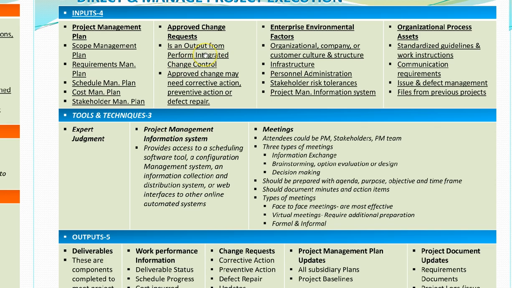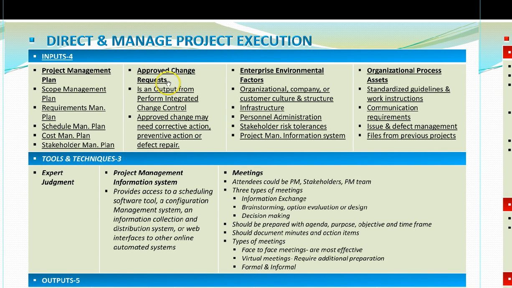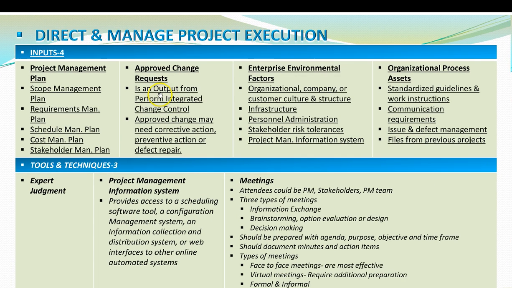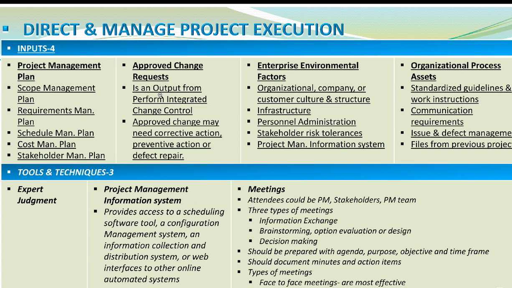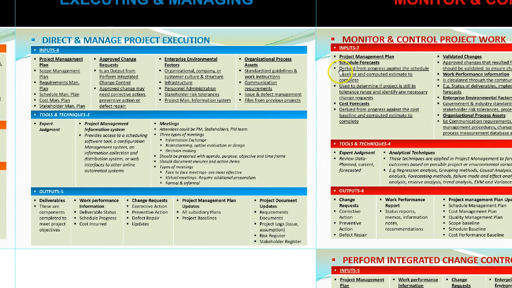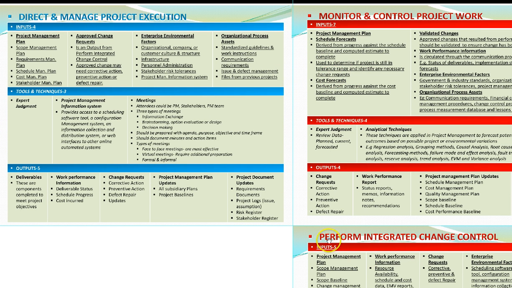Now we go to the next input, which is approved change request. Now approved change request is an output from perform integrated change control, which is right here.